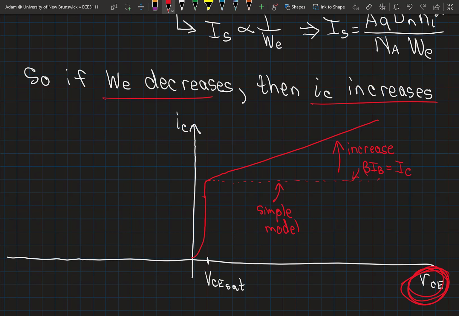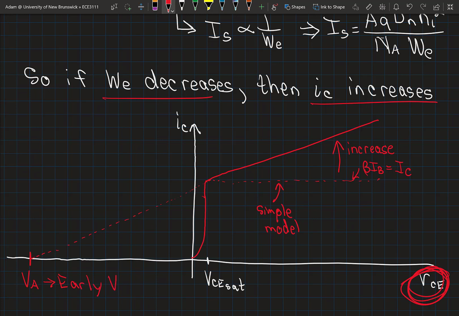If we extend the slope of this characteristic back to where it intersects our voltage axis, this point is known as the early voltage.